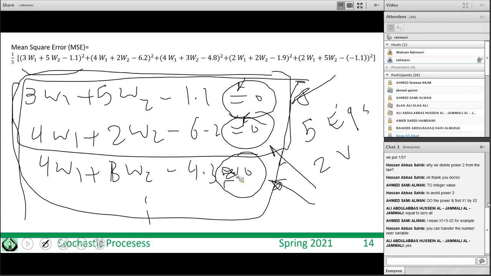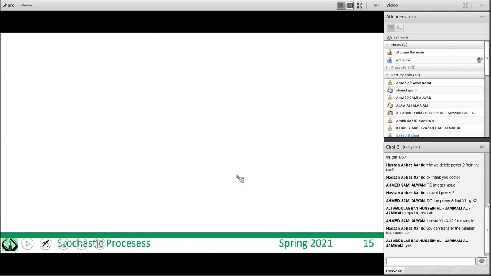In order to solve this problem, we have some solutions. One of the most famous is to make a differentiation on this formula.